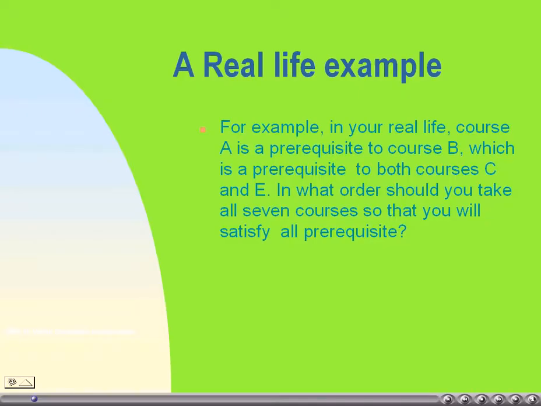Similarly, we have another real life example. It may be possible that course A has to be completed to join in the course B, which is also a prerequisite for both the courses C and E. Then our problem is in what sequence the courses have to be carried out by the student to meet the degree requirements.